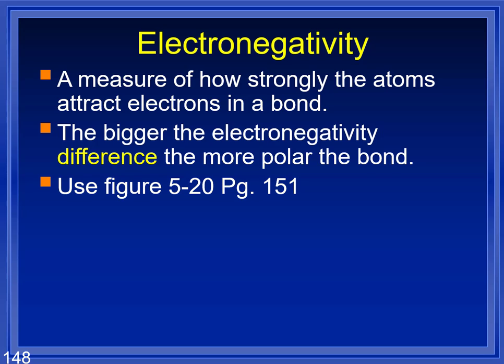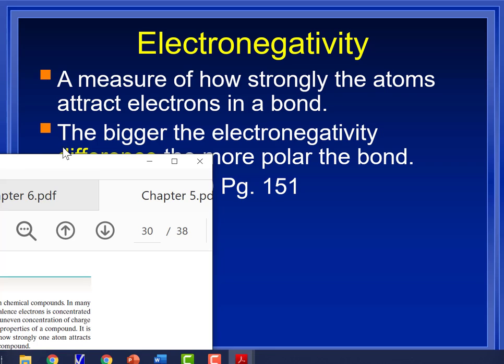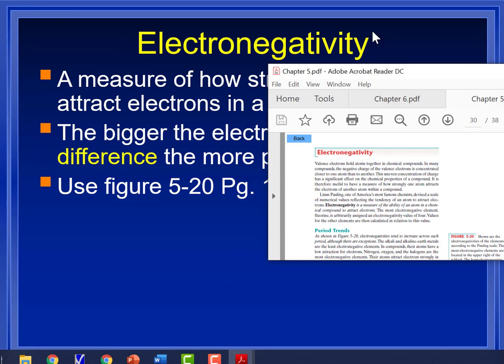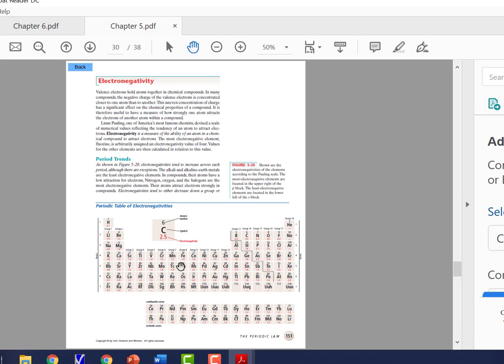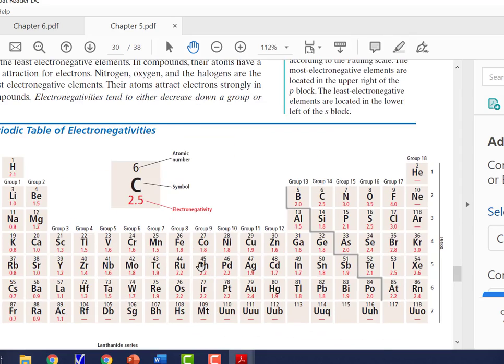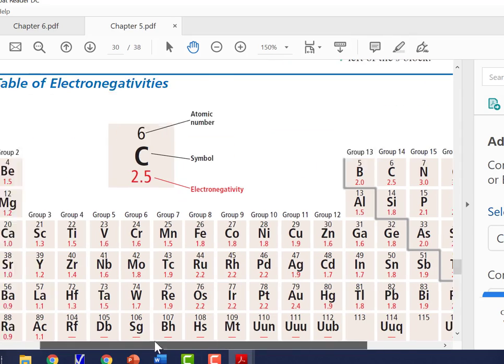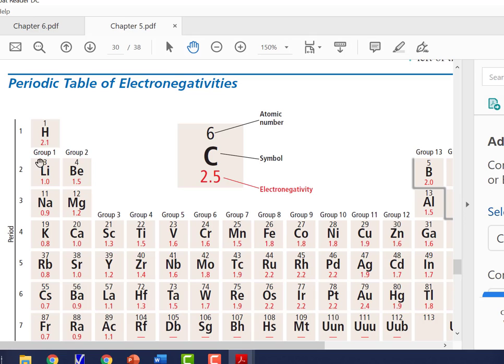So use figure 5.20 on page 151. And all that was simply a table of electronegativities. We learned the trends in electronegativity. We learned that the lowest electronegativities were at the bottom, higher at the top because there's less shielding.